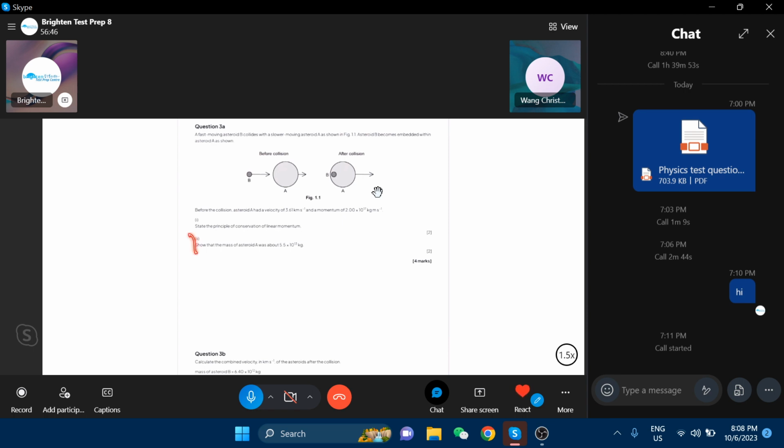When you see "show that the mass", what does that tell you? What do you have to do when it says show that? Write the equation. Yeah, right. It means nothing else but make the calculation and calculate the mass. Exactly. That is in math quite often the case as well.